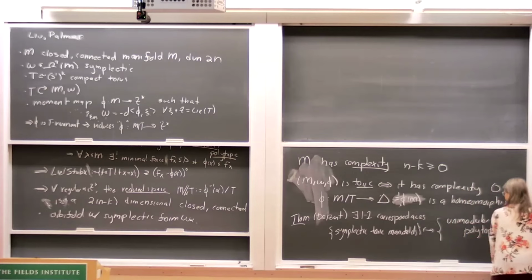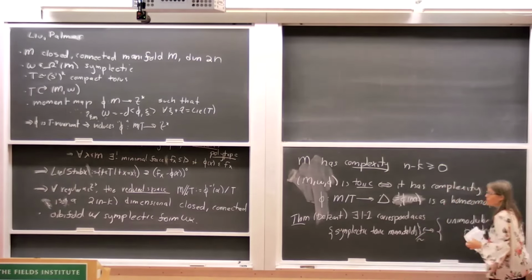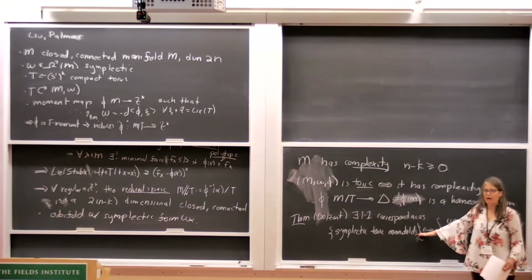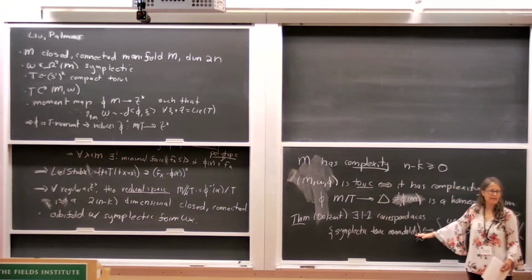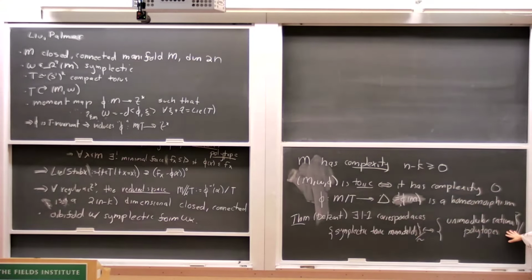And I guess technically I need to do both sides up to equivalence. Here we're doing it up to equivariant symplectomorphism, so equivariant diffeomorphisms that preserve the symplectic form. And here it's up to translation.